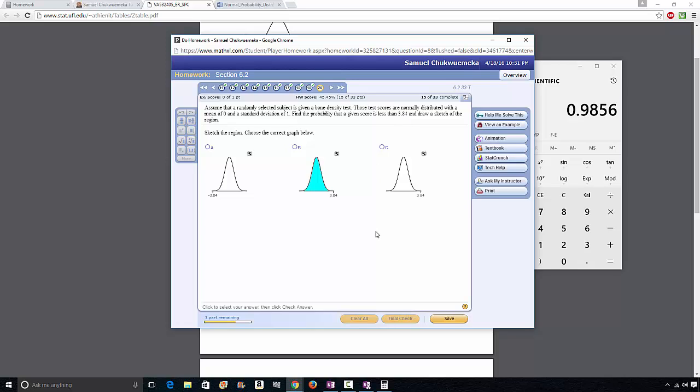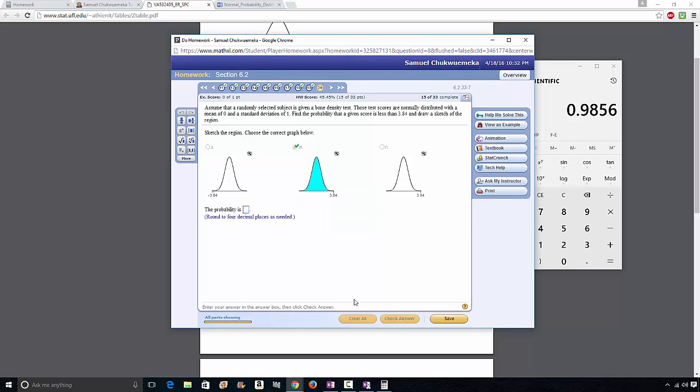This is still the z-score. Anytime the mean is 0 and the standard deviation is 1, we call it the standard normal distribution, and we are good calling this the z-score. So less than 3.84 will be this right here.